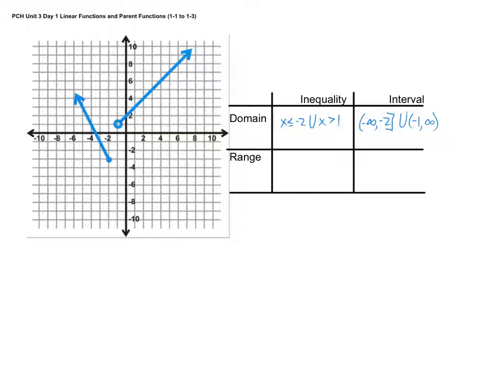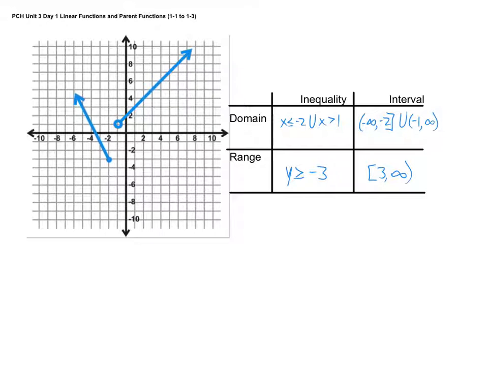What would the range for this one be, though? Y is greater than or equal to negative 3. Well, what is a range?